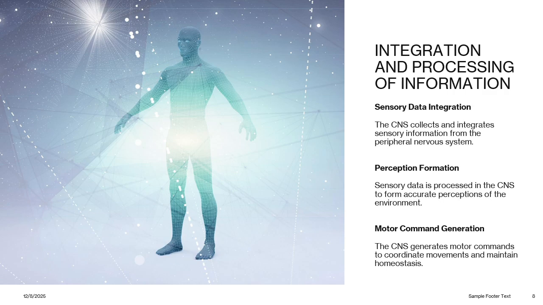So the CNS integrates sensory data received from the PNS, processes it to form perceptions, and generates appropriate motor commands. So this is all about maintaining homeostasis and coordinating bodily functions.